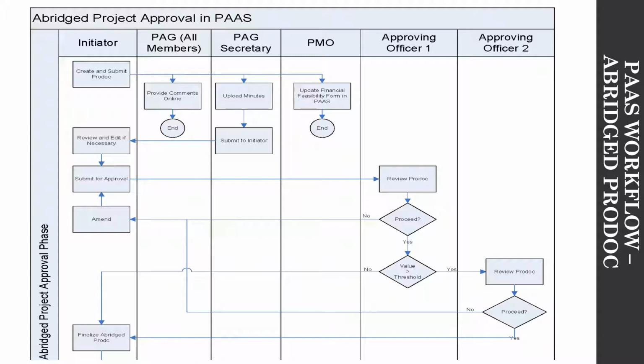He or she reviews it and then clicks either an approve or a non-approval. This is a no-go or a go decision point. Now, what has been integrated in PAS is that even for the branch coordinators, who only have up to $500,000 to review, they will still see all projects that are submitted in their branches.